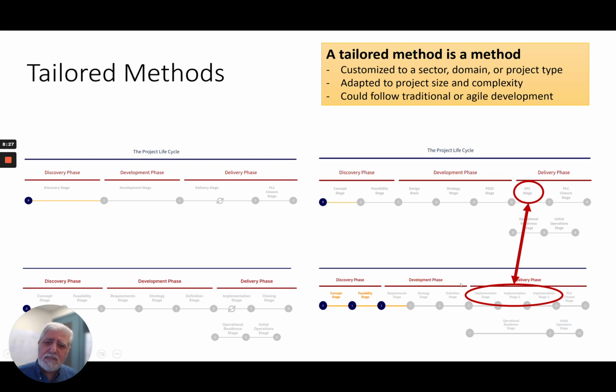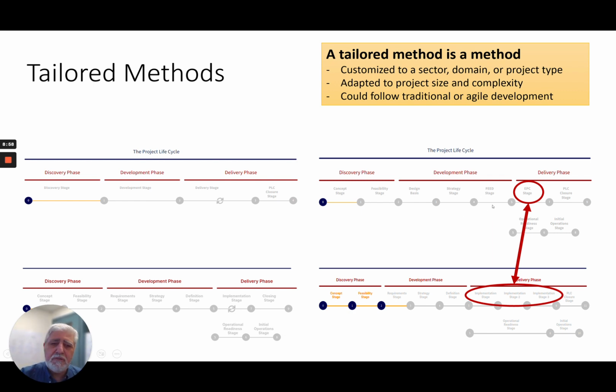Again, what we're trying to show in this case is just the concept of a tailored method in the real world. What are some of the ways we can tailor things? Obviously, we can change the terminology, we can change the name of all these stages, depending on the industry. For example, FEED stage is a common term we use on oil and gas industrial projects. In real estate development, that could be an architectural design stage.